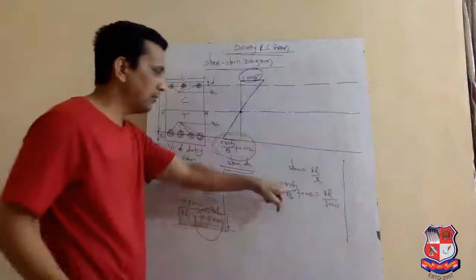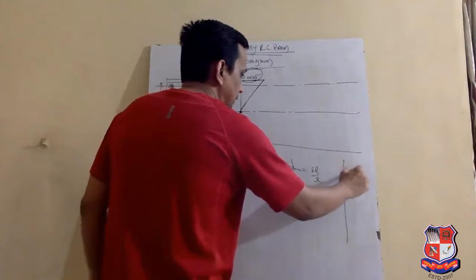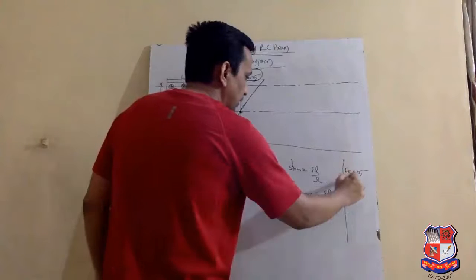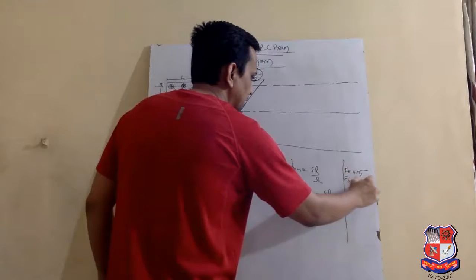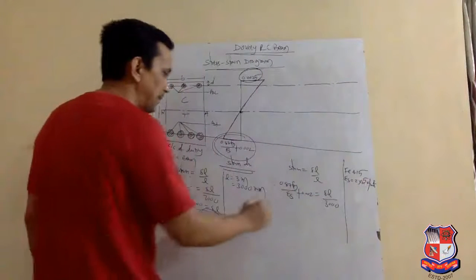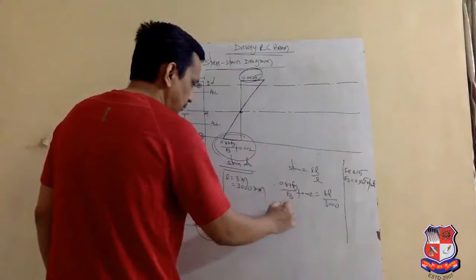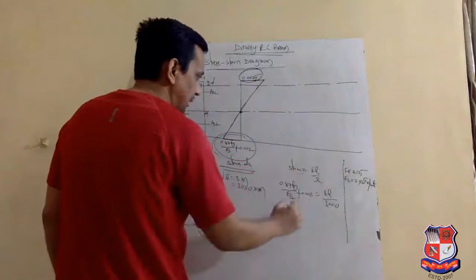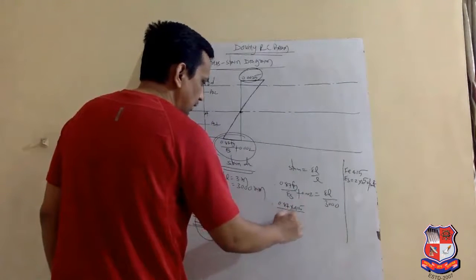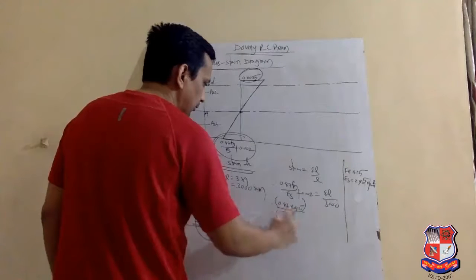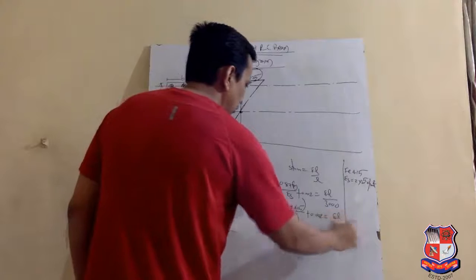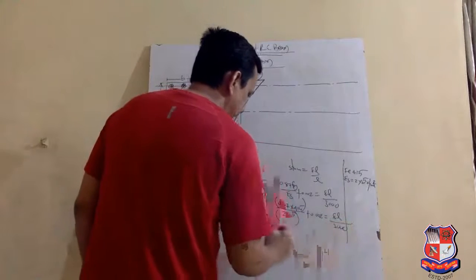Okay. Now take Fe415 steel, and we know the modulus of elasticity of steel is 2 into 10 raised to 5 Newton per mm square. Just put the values. Fy is 415, Es is 2 into 10 raised to 5, plus 0.002 equals delta L upon 3000.